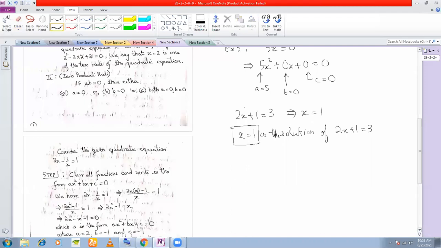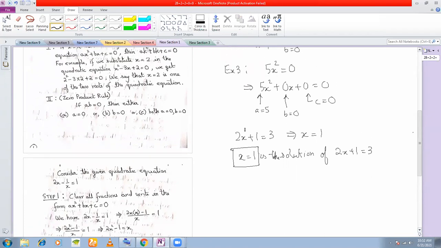Why are we getting one solution? Because the power of x here is 1. Now, if you apply the same idea to quadratic equations, because the power of x here is 2, therefore you will get two solutions for a quadratic equation.